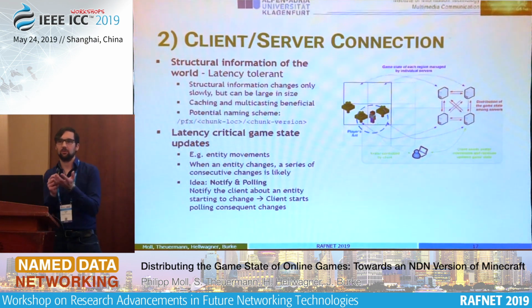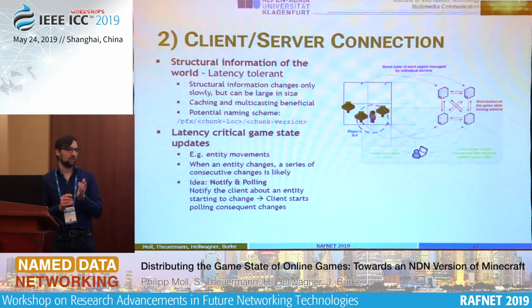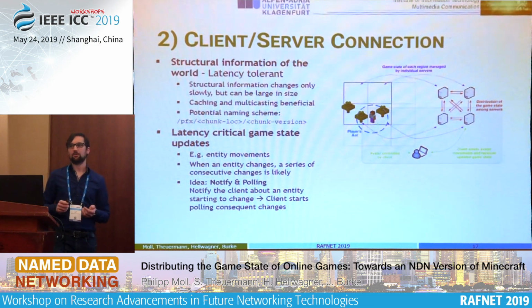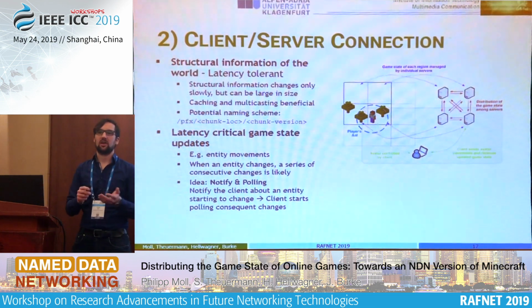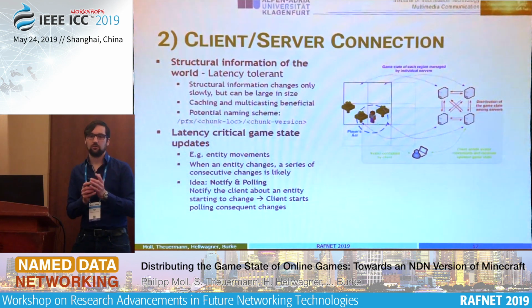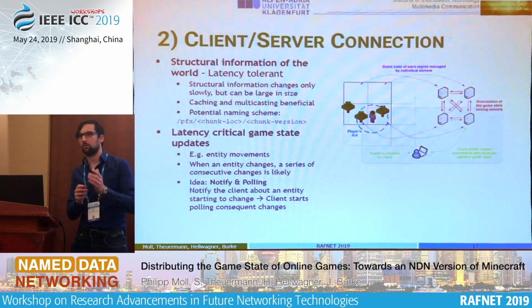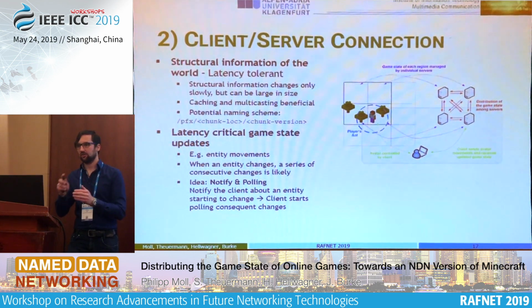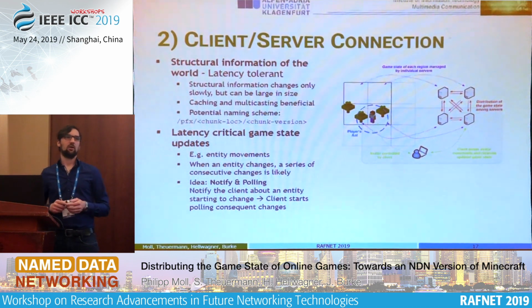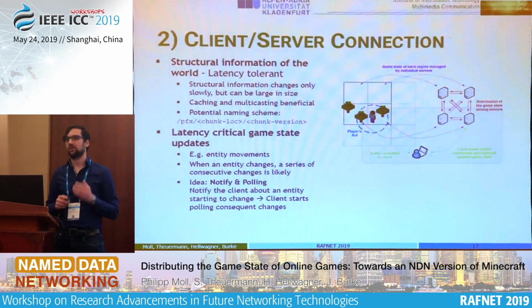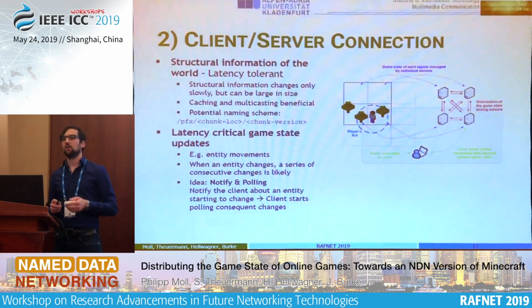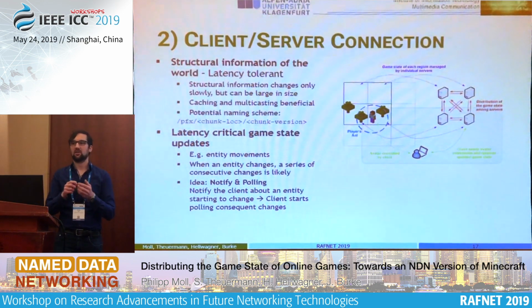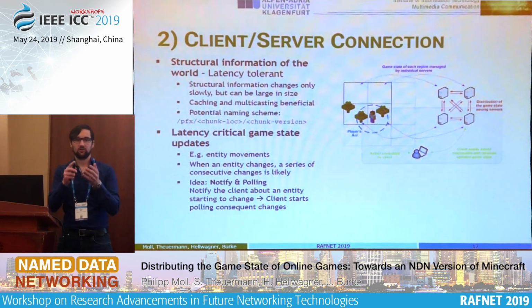And if you think about this entity movement data, it could happen that the entity doesn't change for a long time, but if it starts walking around in the world, it will send a lot of consecutive packets regarding its changes. And therefore, we discussed the idea of notify and polling, where the game server notifies a client about the entity starting to move.